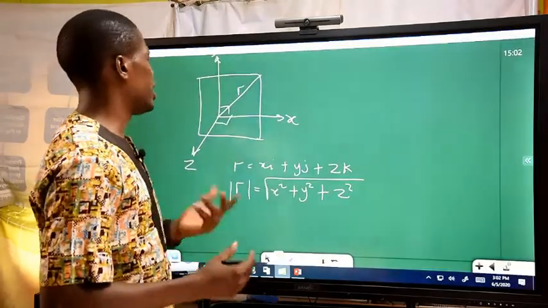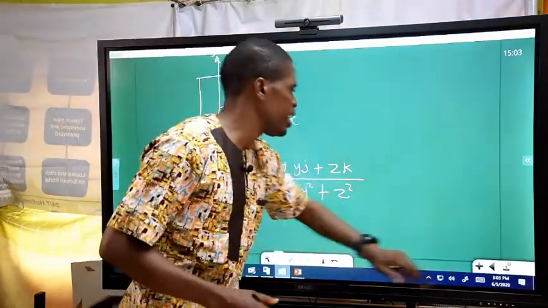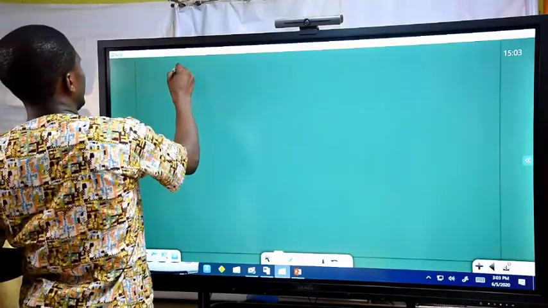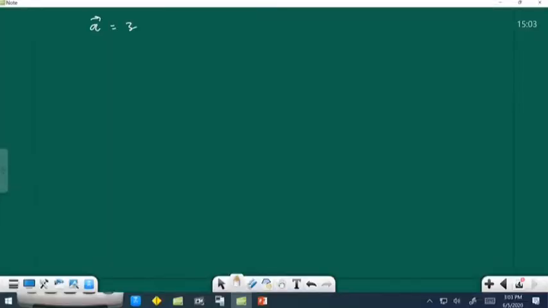So looking at some examples that may be related to 3D vectors, we take a vector A given as 3i plus 2j minus k, and vector B as 5i plus 6j minus 4k.